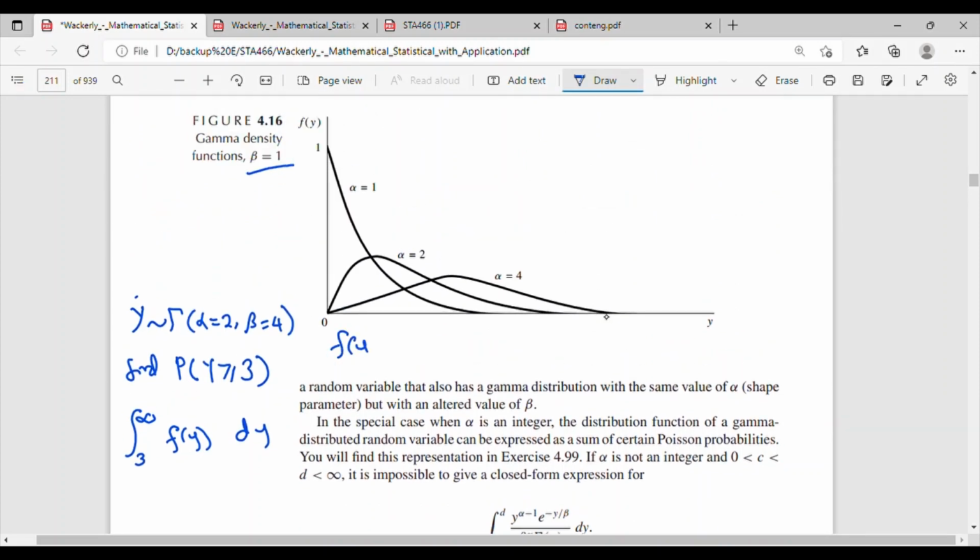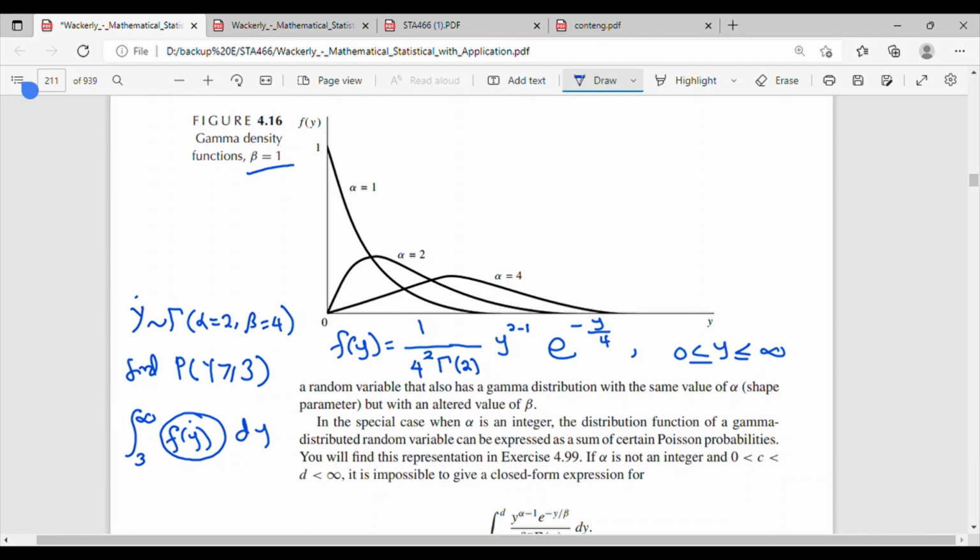So let's say here, this PDF will be, okay, 1 over beta, which is 4 now, beta power of alpha, gamma of 2, right, y power of 2 minus 1, right, and then exponent power of negative y over beta, over 4, for y from 0 until infinity. Okay, here we integrate this function.